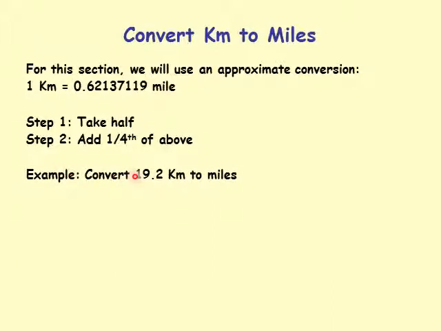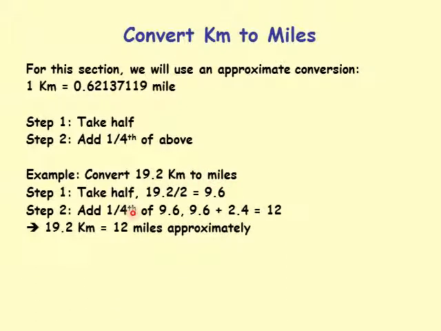So let's do an example. Convert 19.2 kilometers back to miles. First we take a half. 19.2 divided by 2 is 9.6. Now we add a fourth of this number, not of the original.